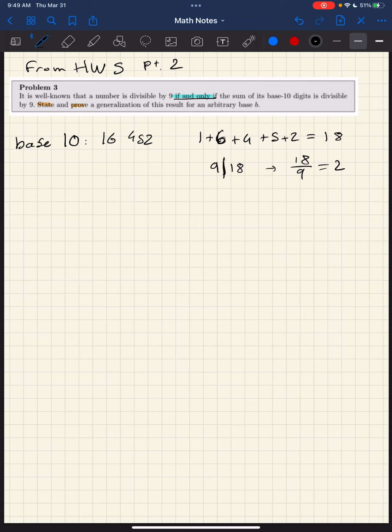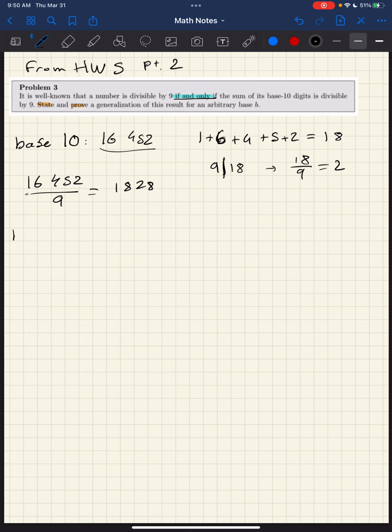If this theorem is true, that would mean this number is also divisible by 9. So let's check. 16,452 divided by 9 is indeed an integer, which is 1,828. So at least for this number, it holds true.